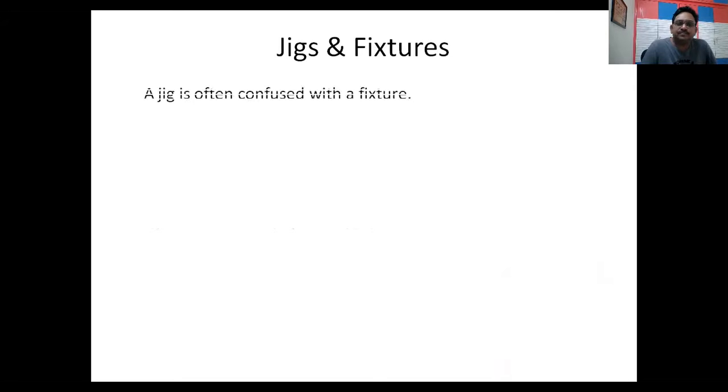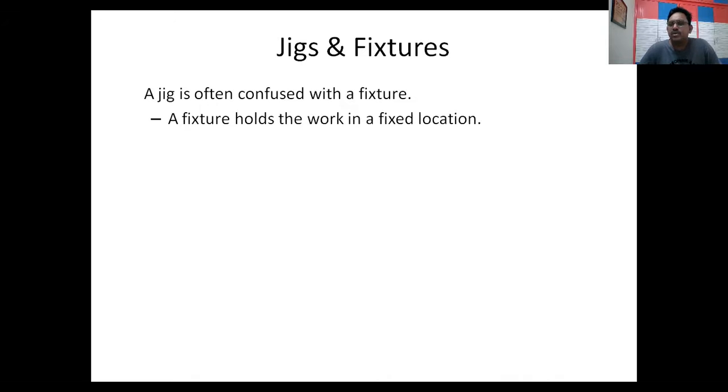Now, jigs and fixtures. What is a fixture? Jig is often confused with fixture. Generally, we use jigs and fixtures synonymously, but they are not so. Jig is different and fixture is different. A fixture holds the work in a fixed location. So only a work holding device is a fixture.